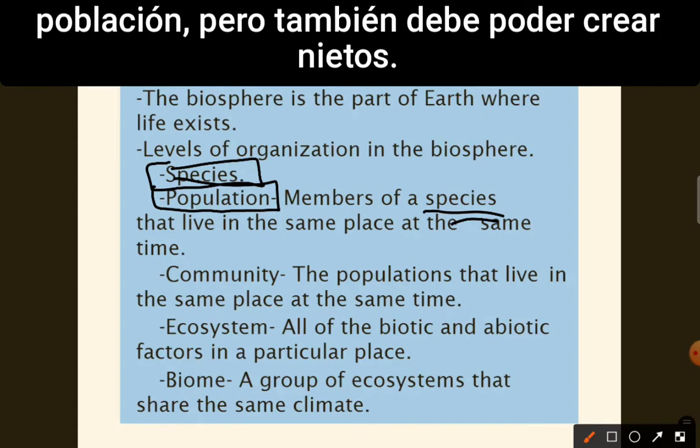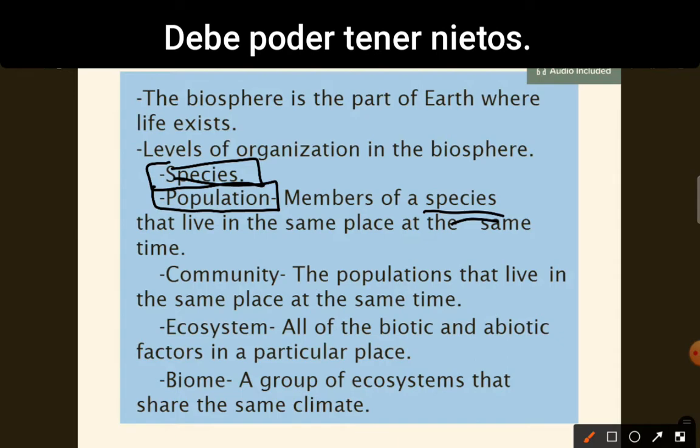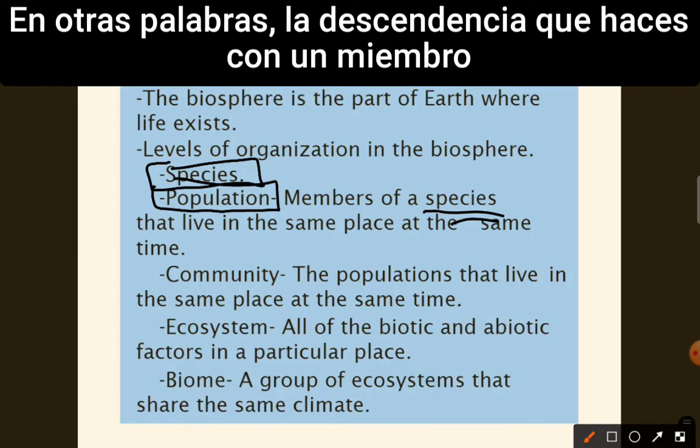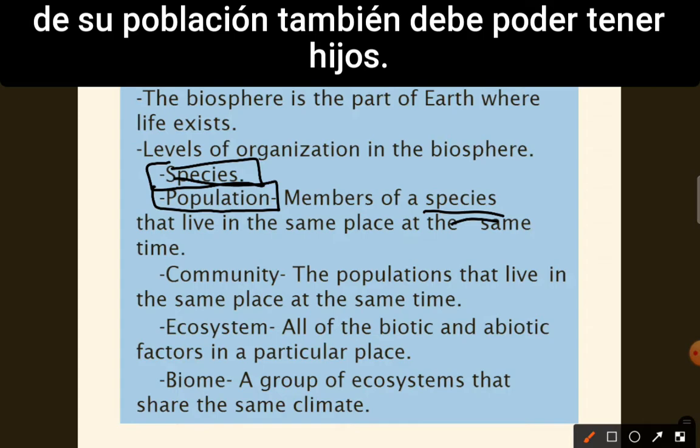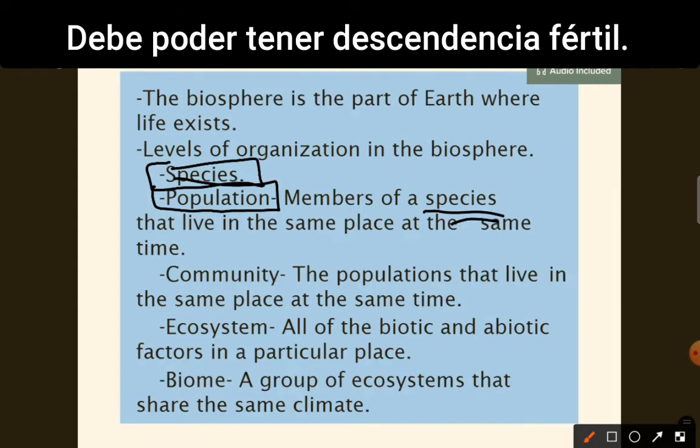But you must also be able to create grandchildren. So it's not enough to just have children. You must be able to have grandchildren. In other words, the offspring that you make with a member of your population must also be able to have children. They must be fertile. You must be able to make fertile offspring.